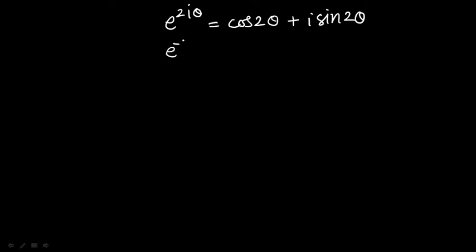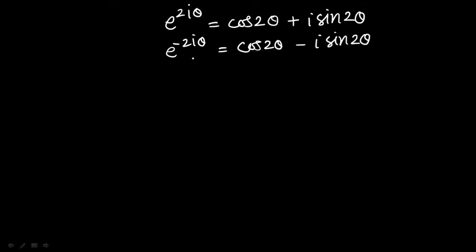Now similarly, if we find the value of cos 2 theta, then e to the power 2i theta has the value cos 2 theta plus i sin 2 theta by De Moivre's theorem, and e to the power minus 2i theta equal to cos 2 theta minus i sin 2 theta.